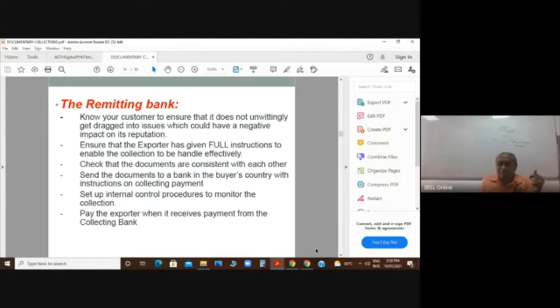And if you are not happy with your customer's KYC, if you think that by handling this collection you are unwittingly getting dragged into issues, then don't do it. Really, it will have a negative impact on your reputation.